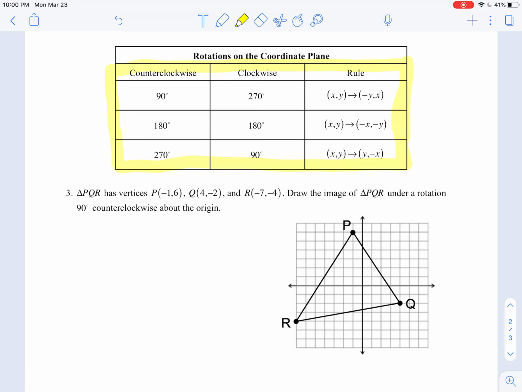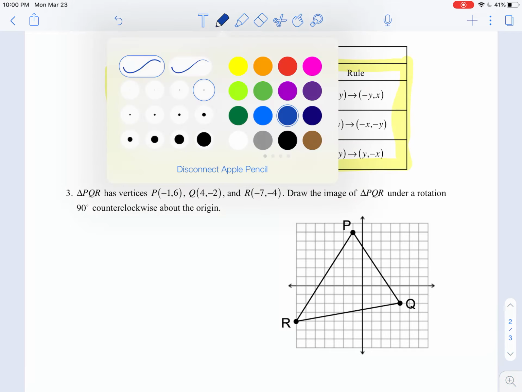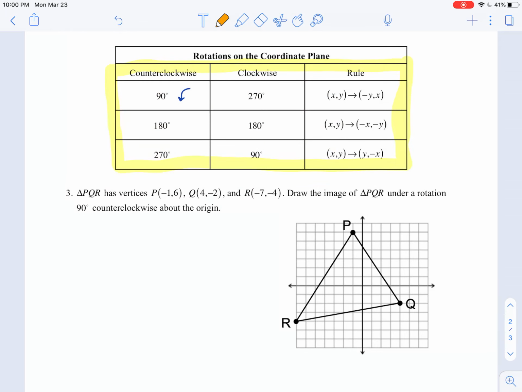If I rotate an object 90 degrees counterclockwise, that's the same as doing a 270 degree clockwise rotation, because of course a full circle is 360 degrees. So if I start from the top, go 90 degrees to the left, but then start up at the top again, go 270 to the right, I'd end up meeting at the exact same spot.